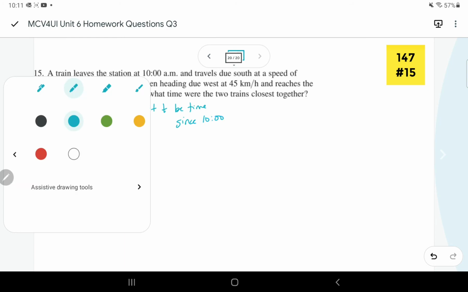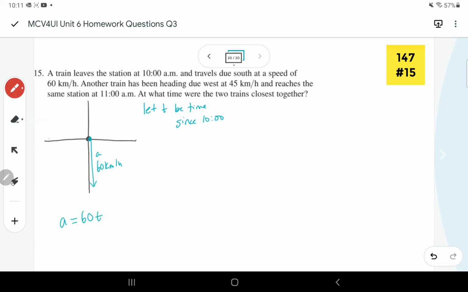Okay. Now, train B, it starts over here. Whoops, no, it does not. It's going to the west. It starts over here, and it's moving west at 45 kilometers per hour. Now, if it gets to the station at exactly 11, then it started 45 kilometers away because it took 1 hour to get to the station.